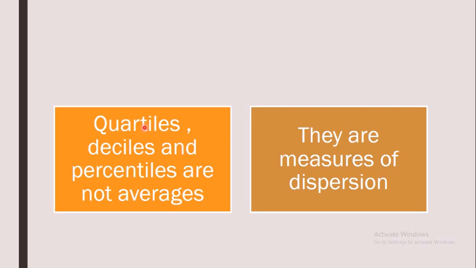Quartiles, deciles, and percentiles are not averages, but they are measures of dispersion. Regarding measures of dispersion, there will be another video, so you will get to know what is meant by measures of dispersion.